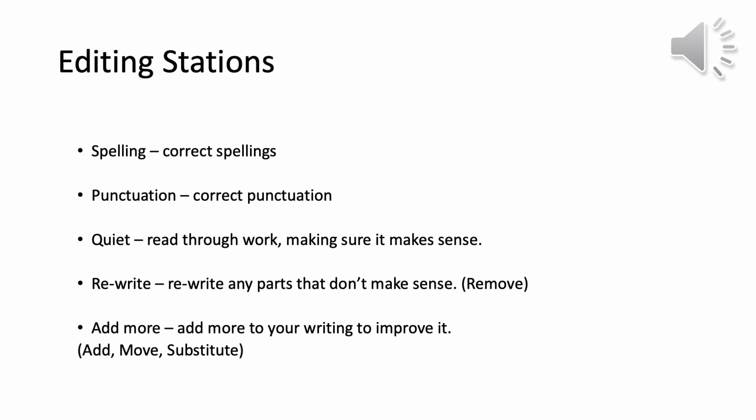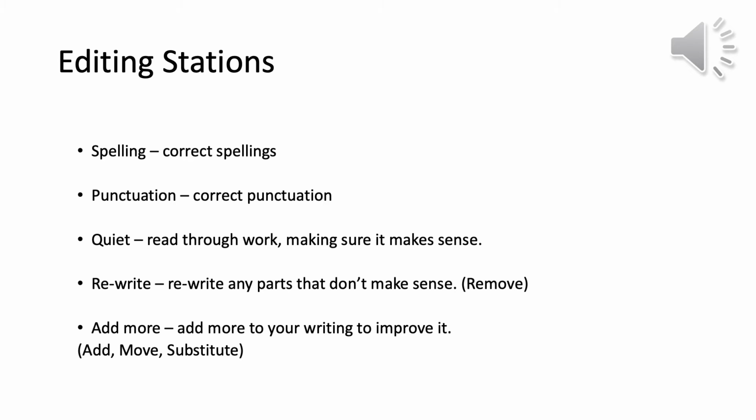So think about, do you need to rewrite anything? Is there a paragraph that doesn't make sense? Anything like that. You might also need to move something within that sentence. If there is a sentence starter that doesn't quite make sense, or if you've used a conjunction in the middle of your sentence, you might want to move it to the start. So have a think about removing and moving anything within that station.